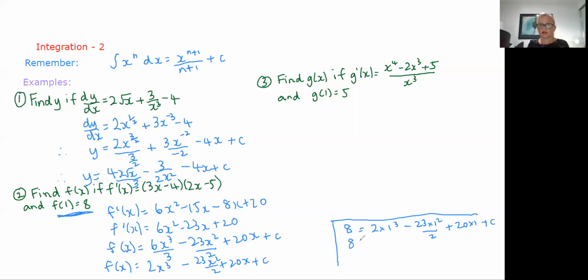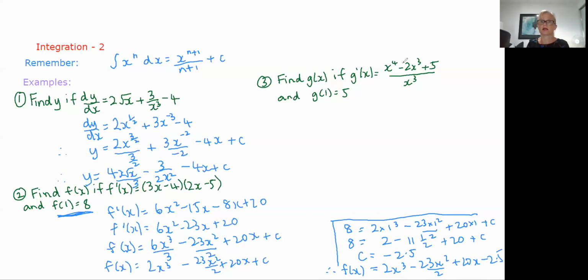If you fiddle around with that a bit, you get 2 minus 11.5 plus 20 plus your c, and you end up with c is negative 2.5. So your actual function, subbing that back in now, is going to be 2x cubed minus 23x squared on 2 plus our 20x minus our 2.5.